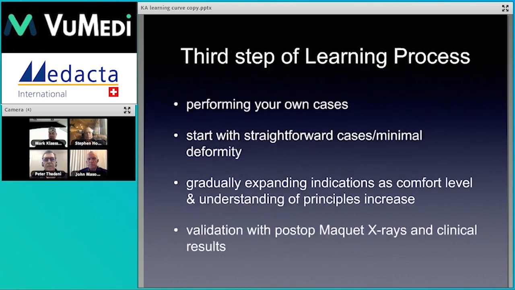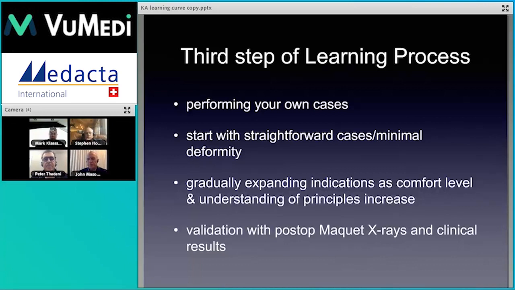So the third step, at that point I think you're ready to perform your own cases. It's somewhat helpful to know that with Medacta in particular, there's a proctor and master surgeon program in place whereby you can have somebody come and assist you with your first few cases.